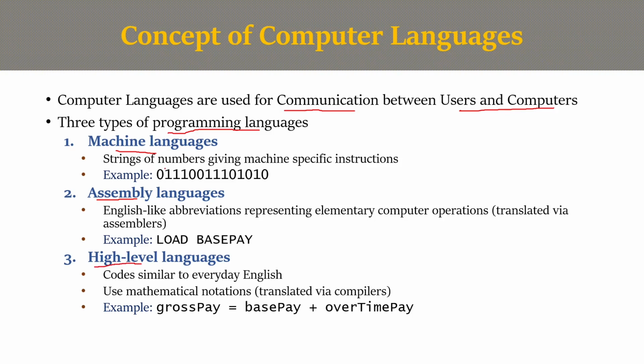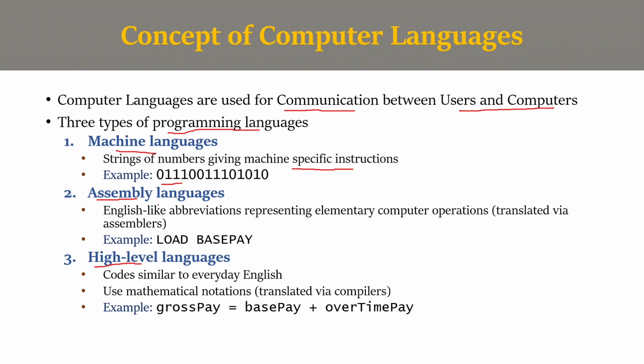So in machine language, what we have is basically strings of numbers giving machine specific instructions. These strings of numbers are mainly zeros and ones, constituting two digits, 0 and 1. And in this manner, these strings of numbers are able to give specific machine instructions to our computers or devices.